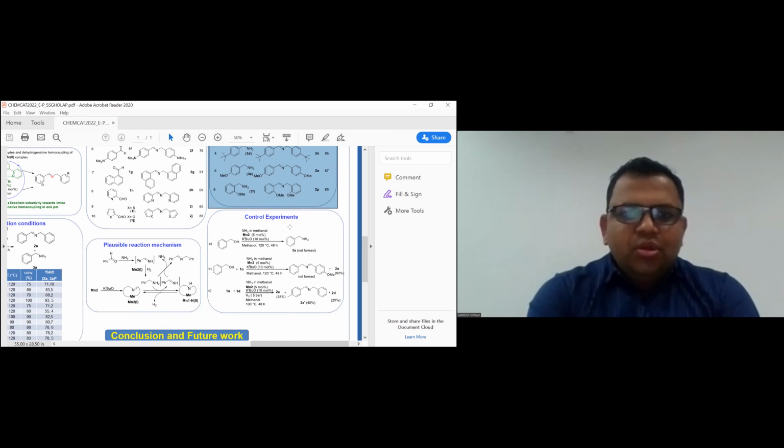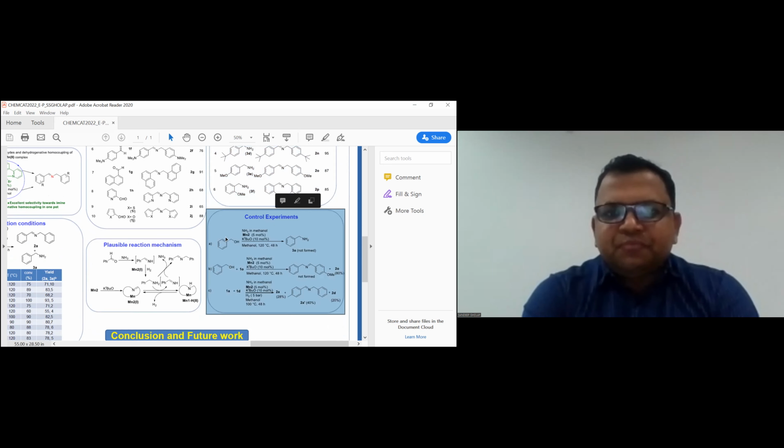So to probe some mechanistic investigations, we studied some control experiments. In the earlier case, we observed the direct hydrogenation of aldehyde to provide this alcohol product. But here we started with this alcohol, and we use ammonia as a nitrogen source, and we thought that maybe benzylamine product would be formed.